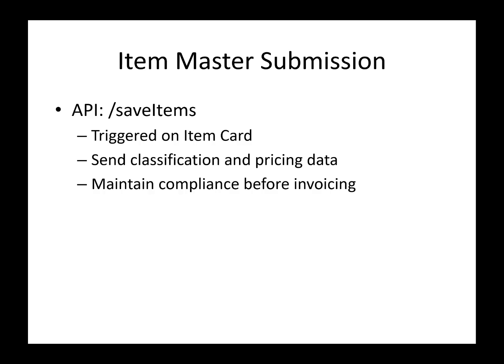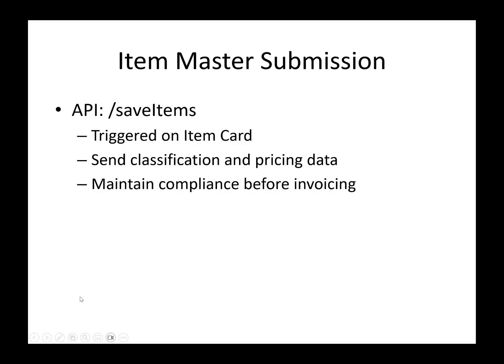KRA now will know that we have an item for this specific client or this specific company. So whenever an item is created or modified, we send it to KRA. We call the save items API. This one is now the endpoint, and it has some item code, the item class code, the tax type code, the default price.